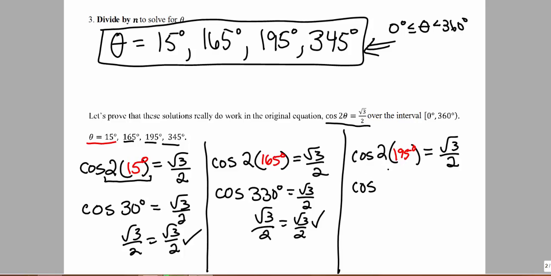Cosine of 2 times 195, that would be 390 degrees. Keep in mind that that is in quadrant 1, so it will be a positive value. And it is the 30-degree angle family, so that would be square root of 3 over 2. And we get an equation that's balanced.